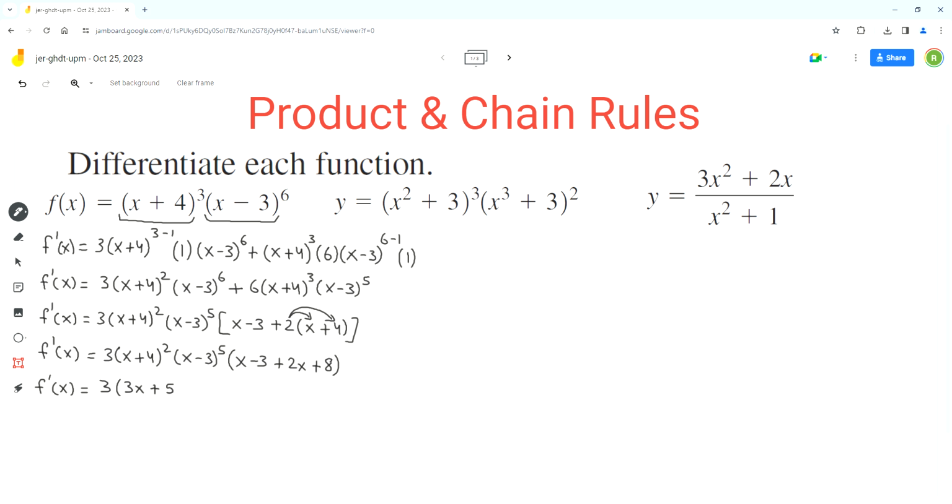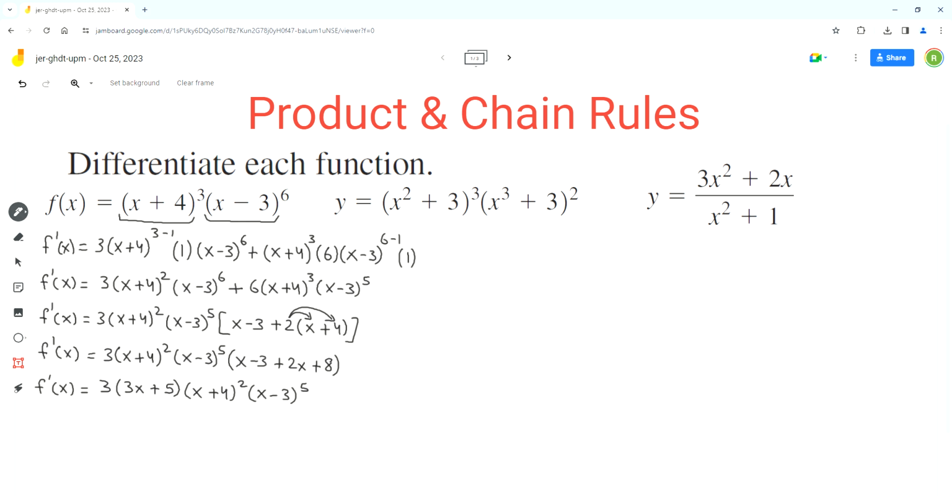And now we write the other 2 parentheses, so (x plus 4) squared times (x minus 3) exponent 5. So this should be the final answer for the derivative of the first function.